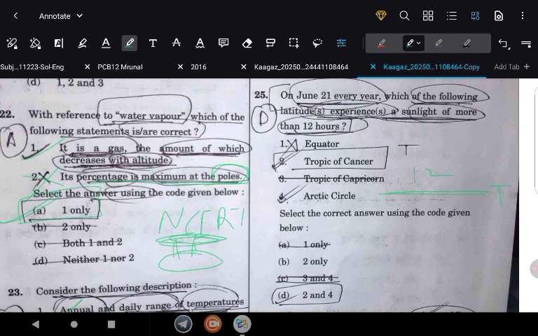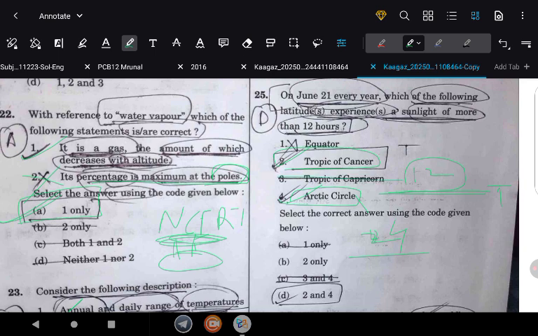So the area beyond the Tropic of Cancer and the Tropic of Cancer itself will receive more sunlight. The Arctic Circle will also receive, I think, 24 hours of sunlight, if I am not wrong, during the summer solstice, because the sun will never set over there.